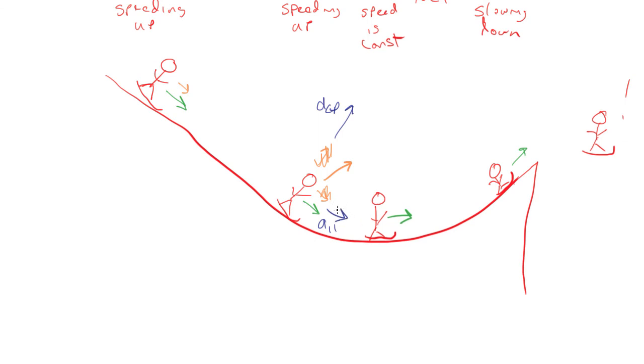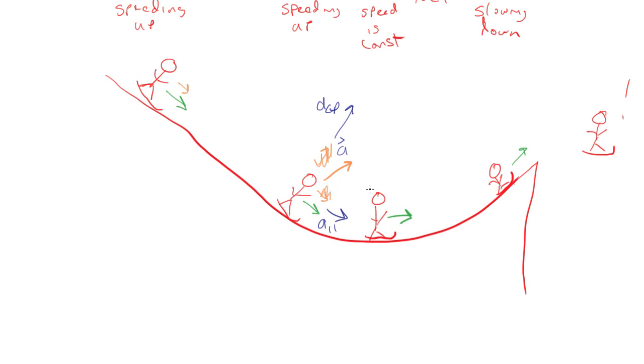If you add those two together, you get the actual acceleration vector, which is up and to the right. This is perpendicular, this is along, so it's somewhere in the middle. So there's both a component perpendicular and parallel to the velocity, because he's speeding up and curving.